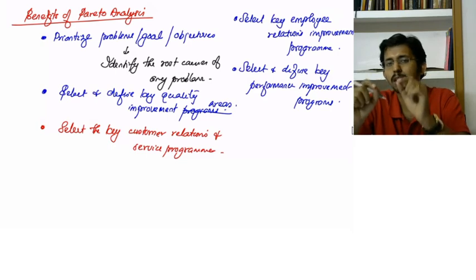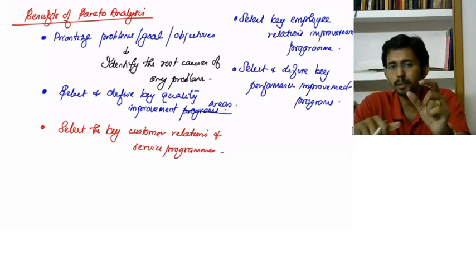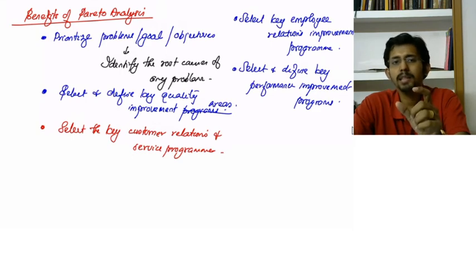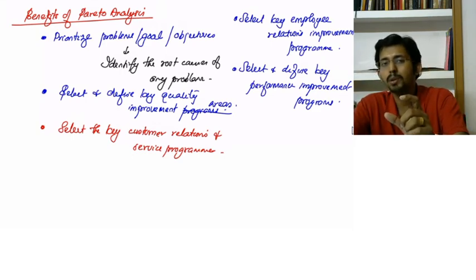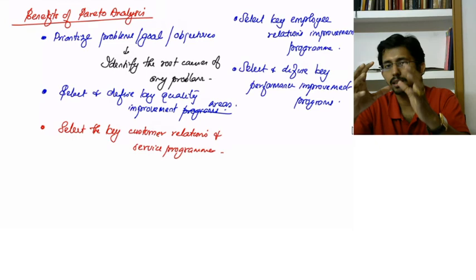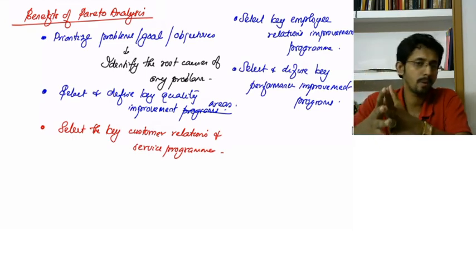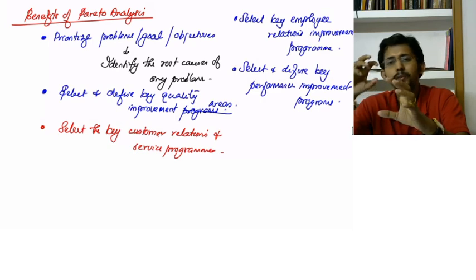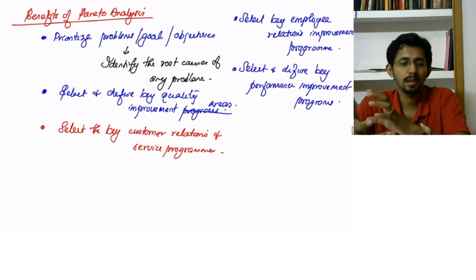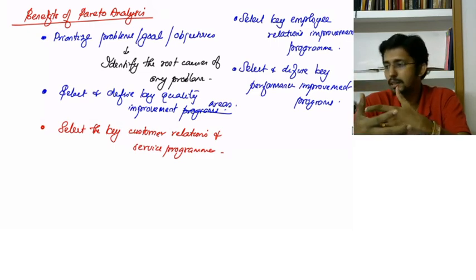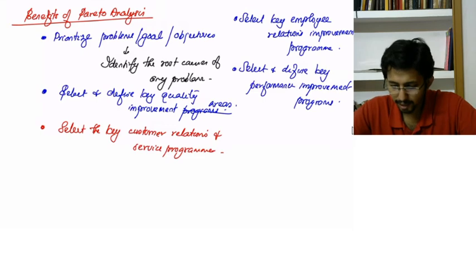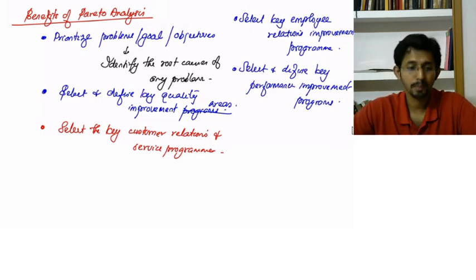Out of those performance indicators, you can identify key performance indicators. On the basis of your benefit, 80% of value is from that 20% of the KPIs or key performance indicators. So identify those performance indicators and give maximum thrust to that performance measurement and to improving those indicators. Is it clear? So that is selecting and defining key performance improvement programs.